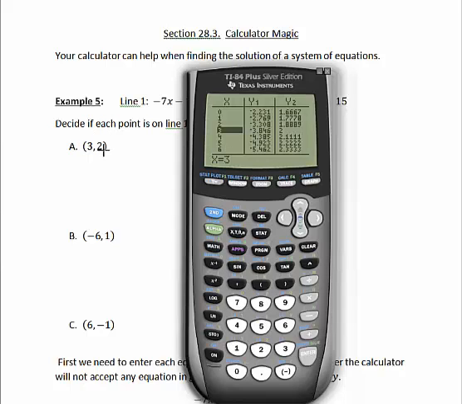However, the ordered pair 3, 2 is on line 2. But since line 1 doesn't share it, it's not a solution to the system.